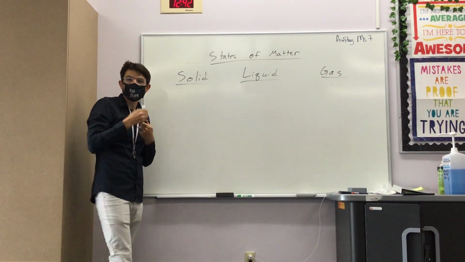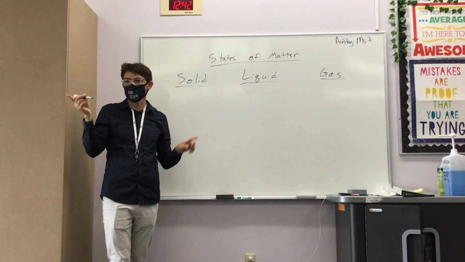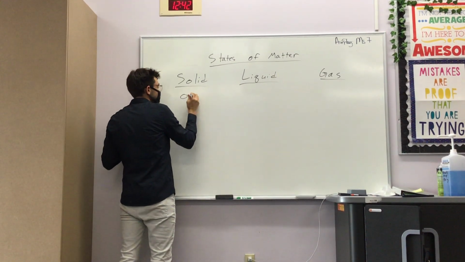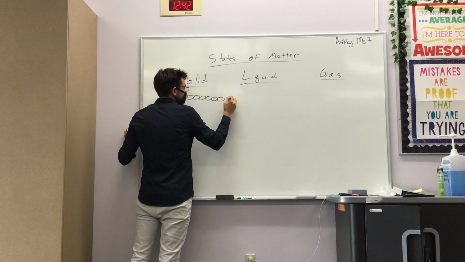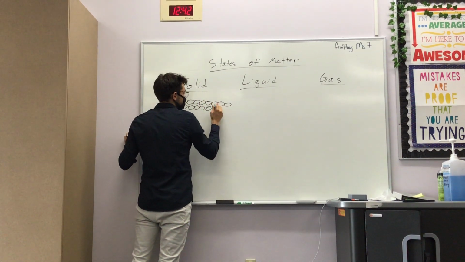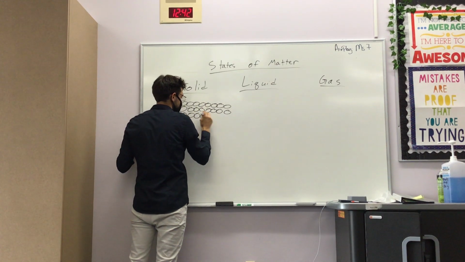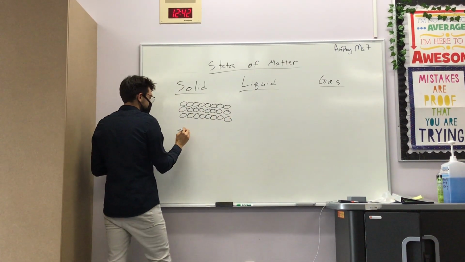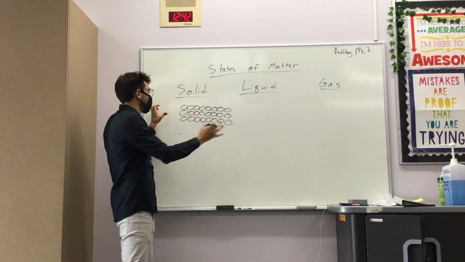They're all together, but they're shaking, they're vibrating. Okay. That's a pretty good starting point. So yes, they're all together. They look like this. They're not exactly touching, but they're very close. One of the important things is that they are attracted together.